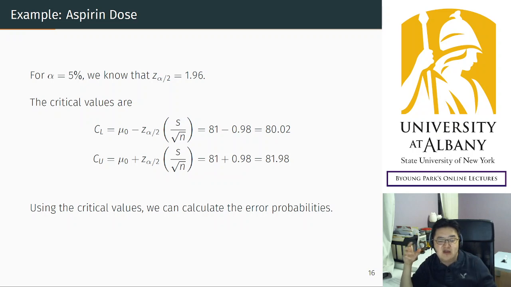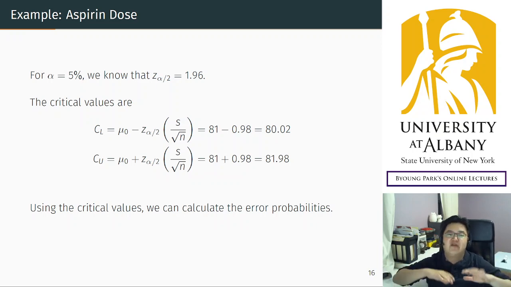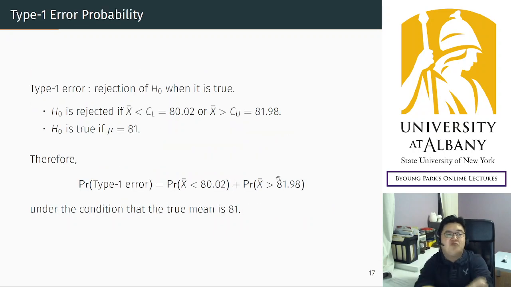So you can test different brands or at different points of time, or the same medicine product produced at different factories, whatever. So you are going to apply the critical values to many data sets.